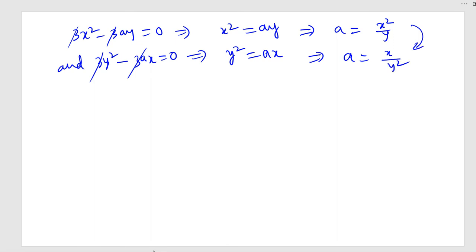So if you equate them, then you get x square y equals x by y square. We need to find out in terms of a. Okay, so let us not do that. We'll substitute the value of y in the other equation.